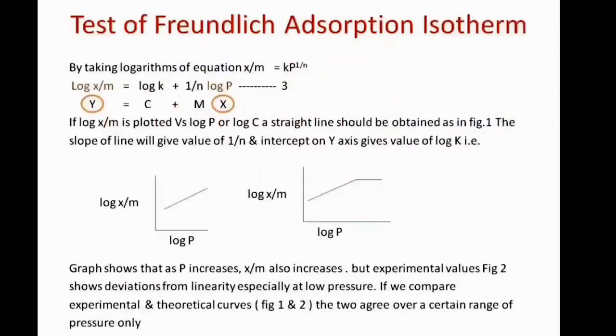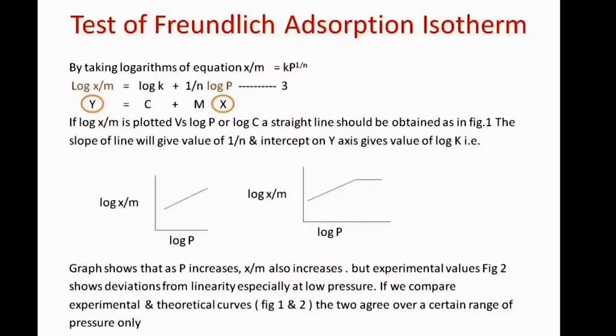Now how to verify this Freundlich adsorption isotherm? By taking logarithm of the equation x/m = k p^(1/n), we get log x/m = log k + (1/n) log p. Here we have to use properties of log.